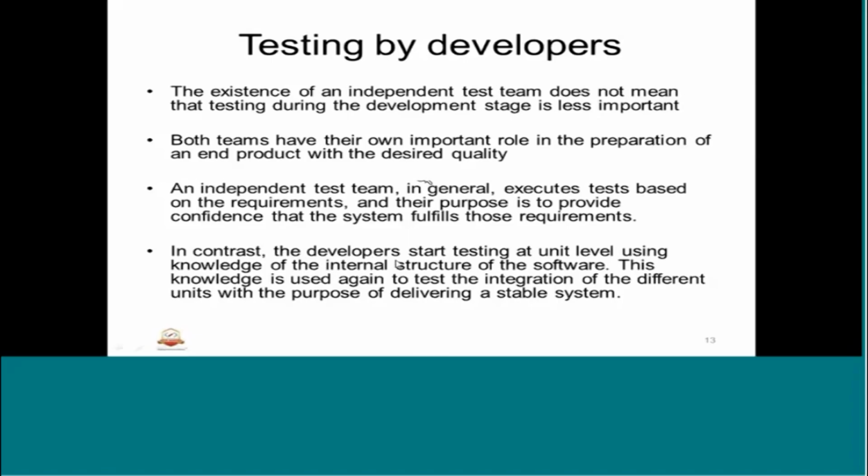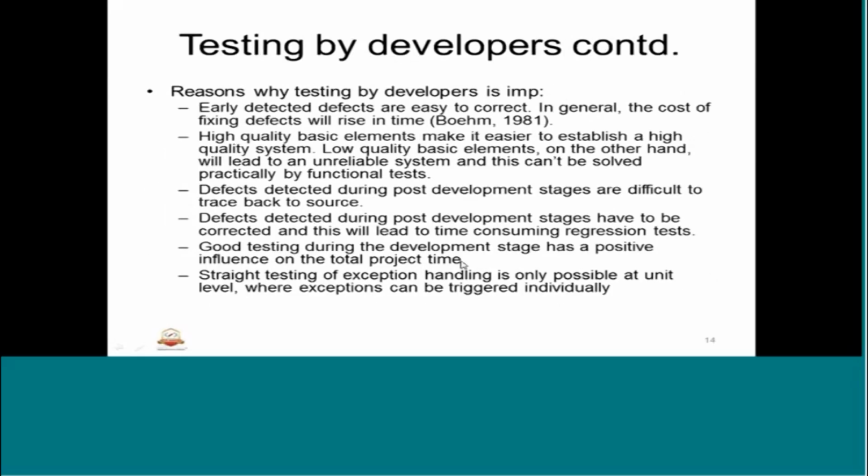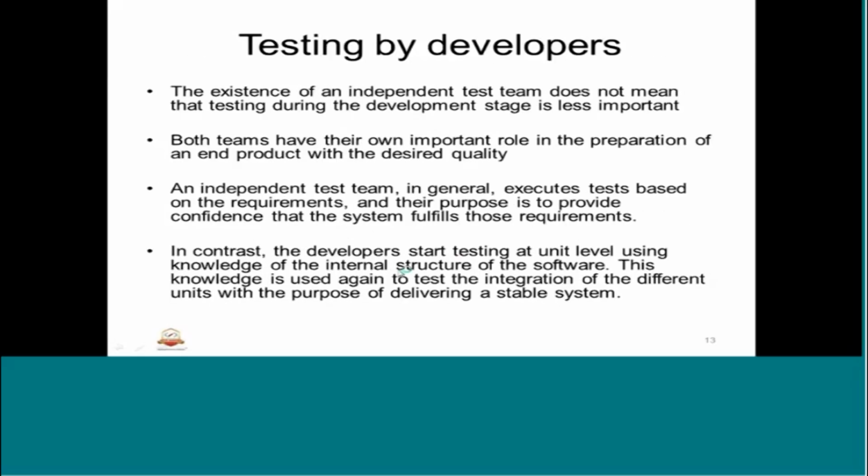In contrast to that, the developers start testing at unit level because they are very near to the unit and they are the owners of the unit, having developed it. They know the infrastructure of the software. This knowledge is used again to test the integration of the different units with the purpose of delivering a stable system.